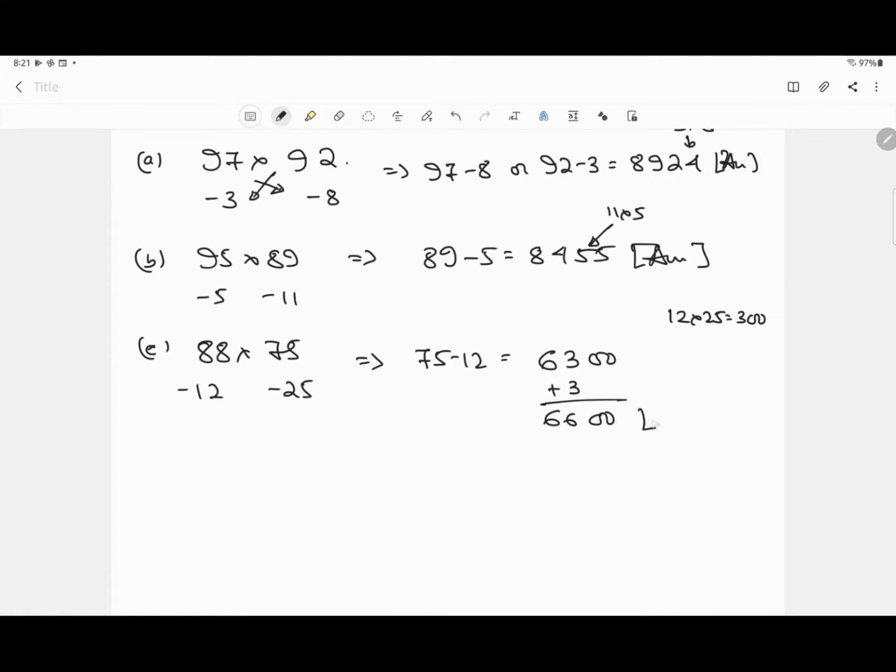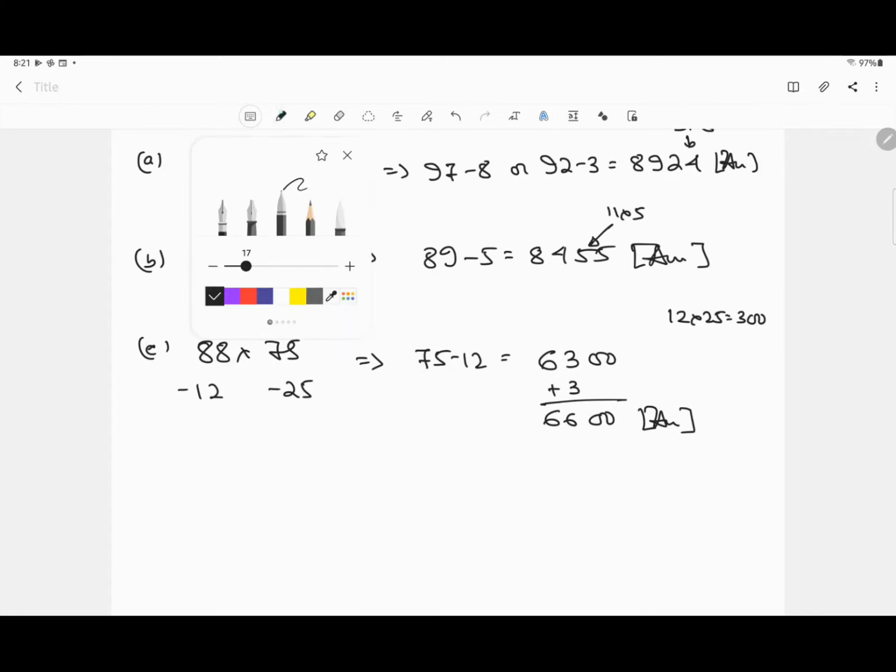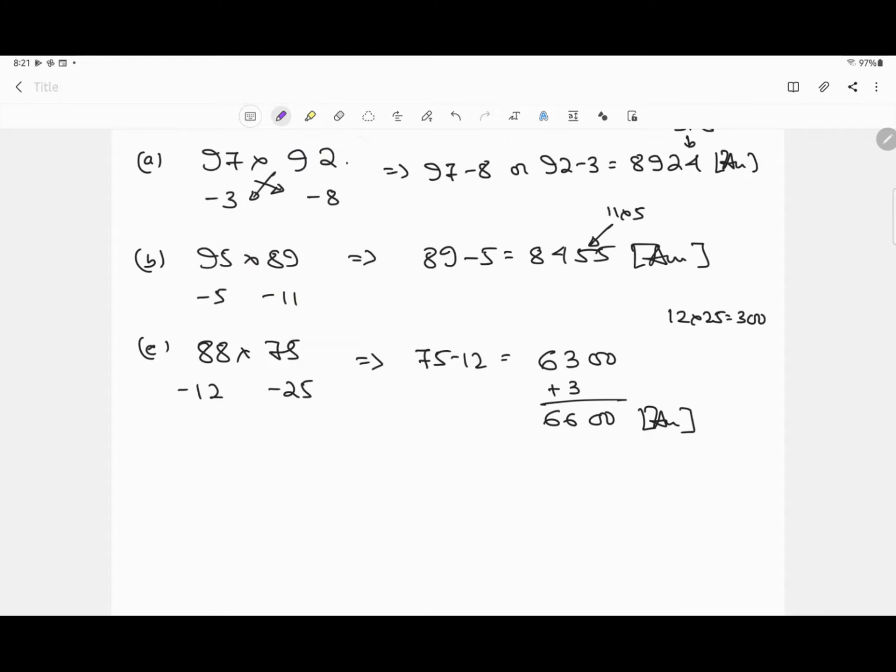Okay. So next we will move to any 2-digit number. Okay, let us take a different case. Let us take one number above 100 and one number below 100.